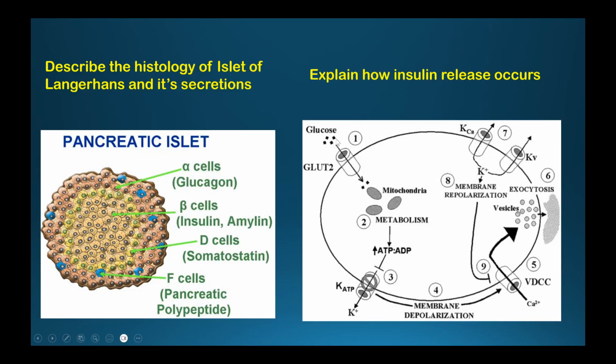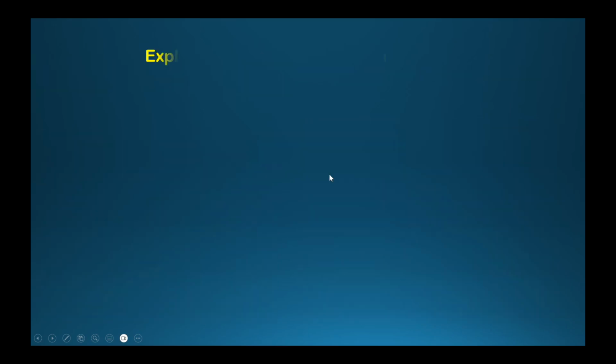A higher blood sugar level is sensed, and immediately insulin is released because of the entry of glucose. Here these two channels are very important: the ATP dependent potassium channel to depolarize the membrane and the voltage dependent calcium channel. Calcium holds a very important place in the release of insulin.